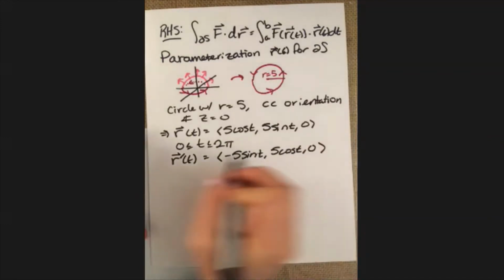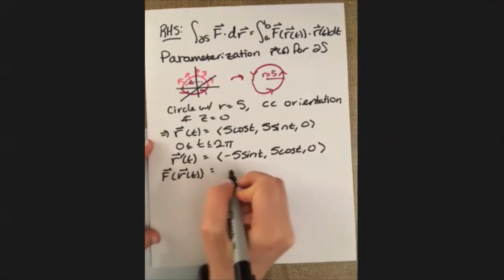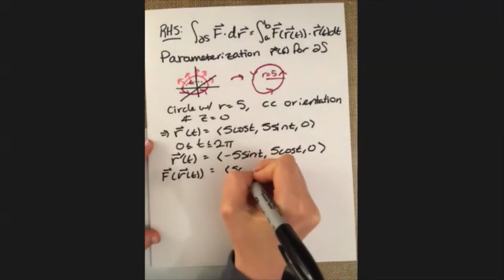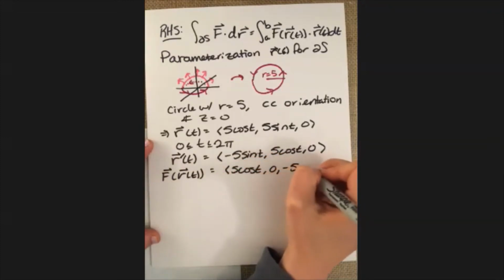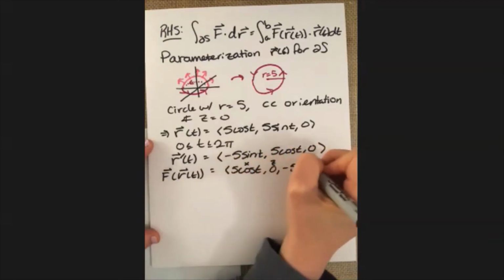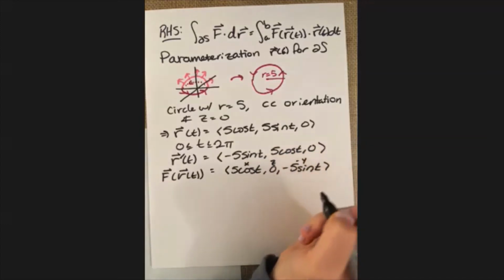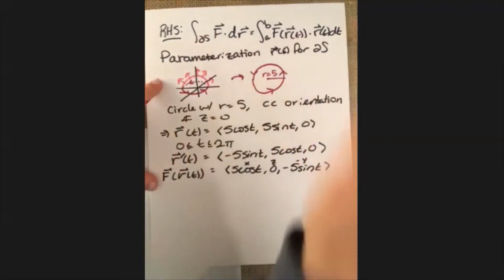We also need to find f of r of t, which is 5 cosine of t, 0, negative 5 sine of t, because I think this had originally been x, z, and then negative y. Now we have all the pieces we need to take this integral.